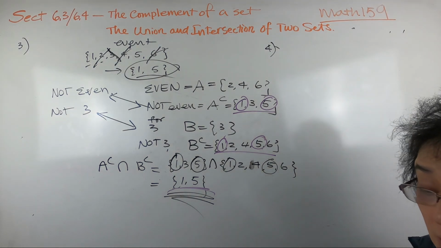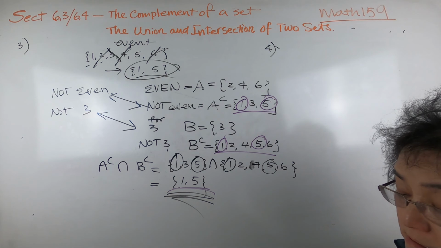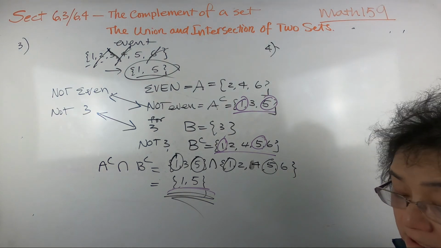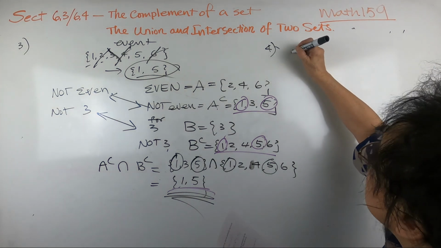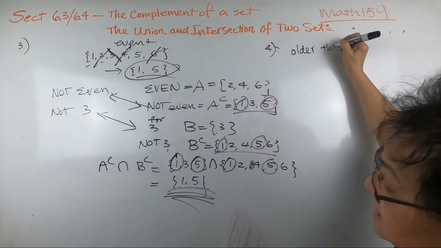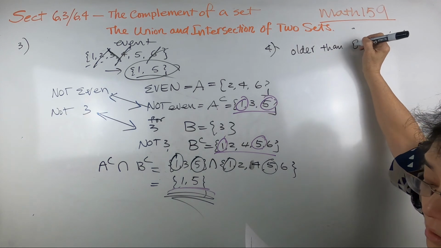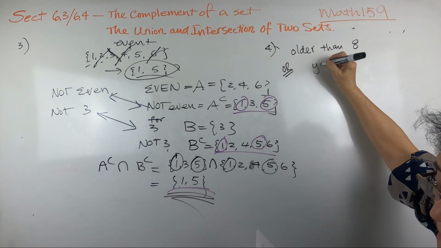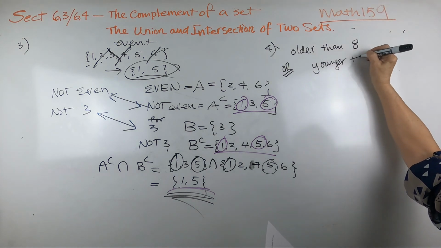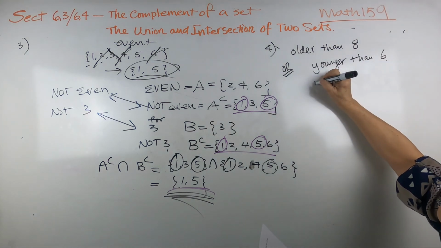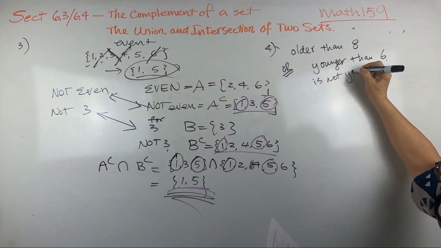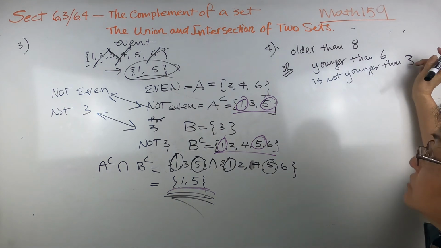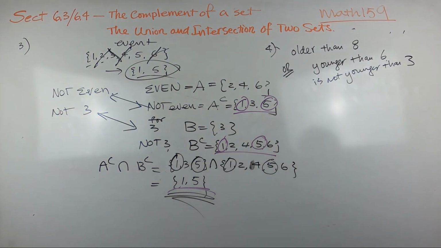If you randomly select a person, find the probability that the person is older than 8 and or is both younger than 6 and is not younger than 3. Write this in set notation. My goodness.